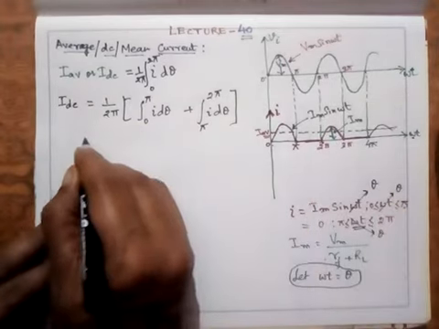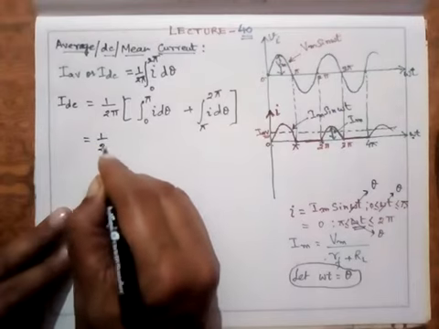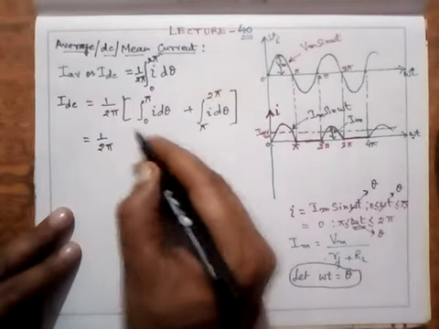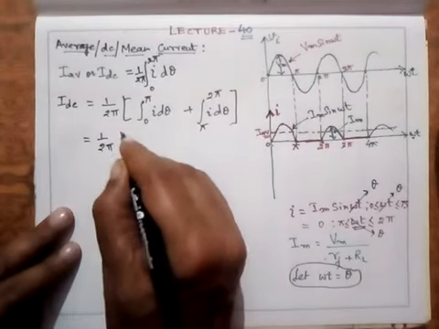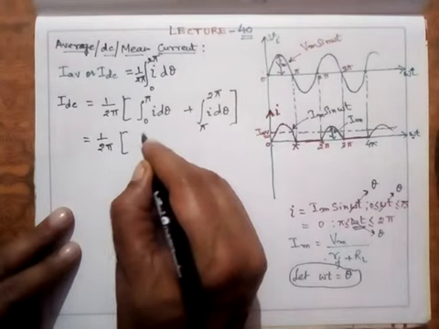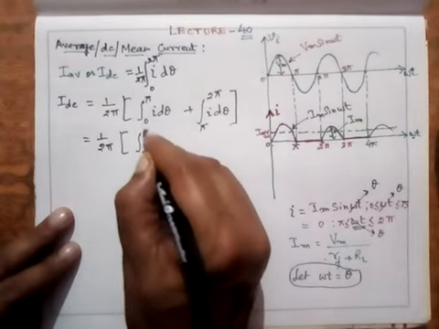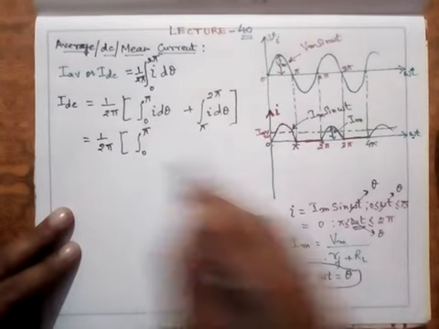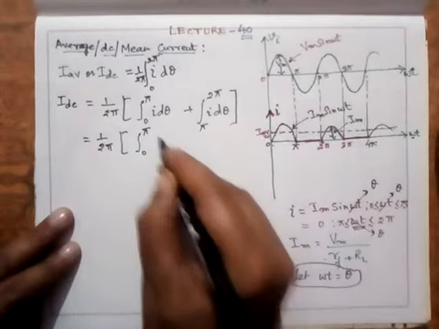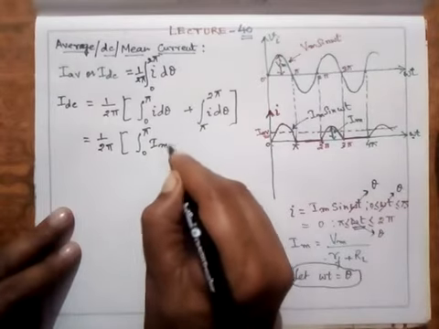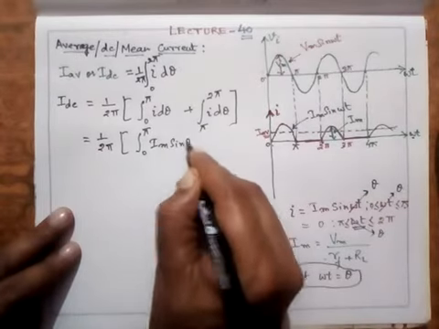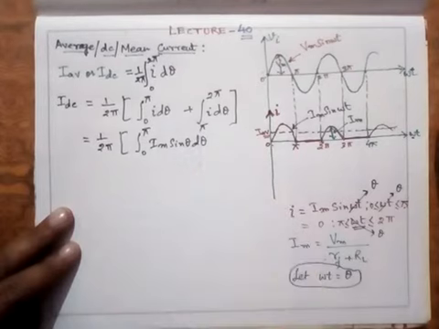So I can say it is equal to 1 upon 2 pi. For the integral from 0 to pi, the value of I is I m sine theta, so it is I m sine theta d theta.